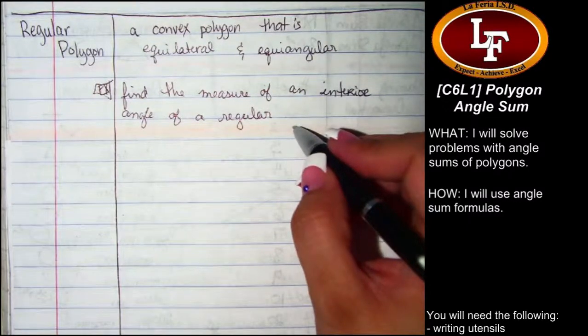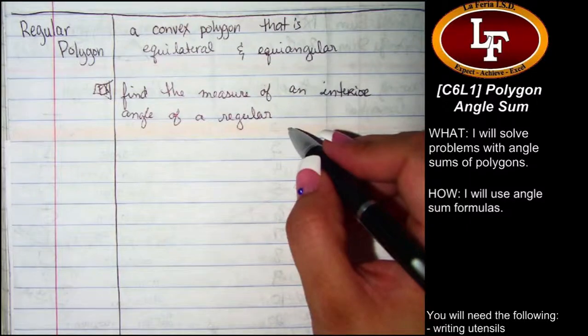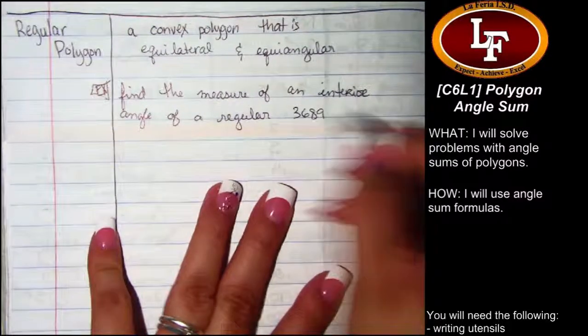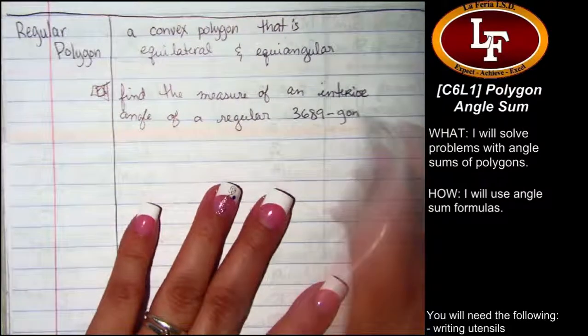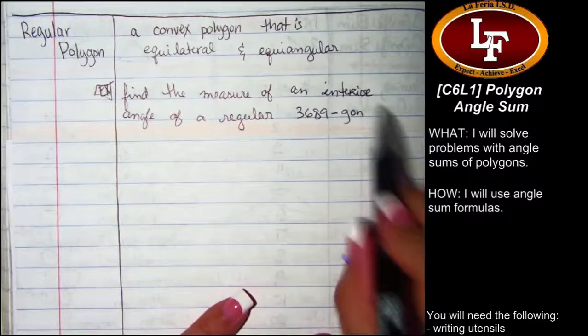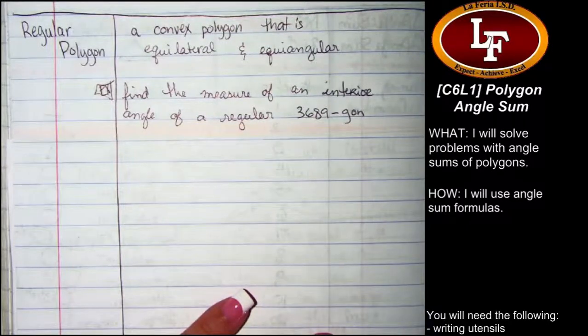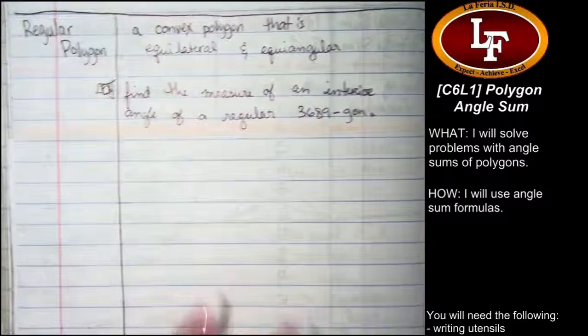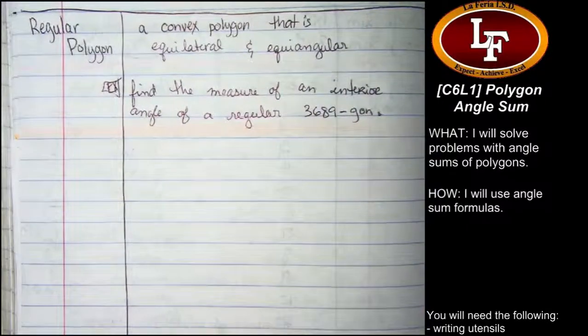How many sides? Something more than 2. 3, 6, 8, 9. Find the measure of an interior angle of a regular 3,689-agon.